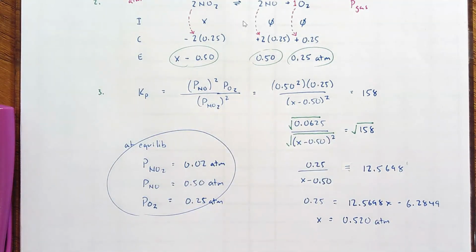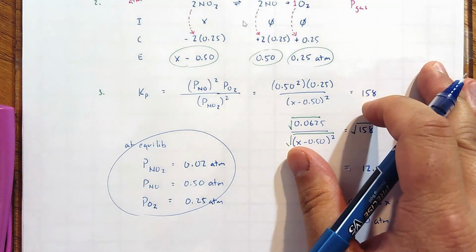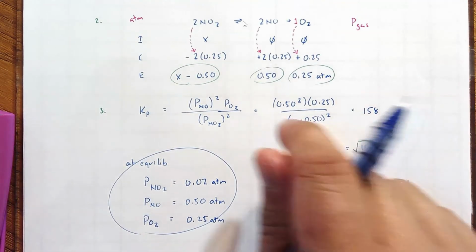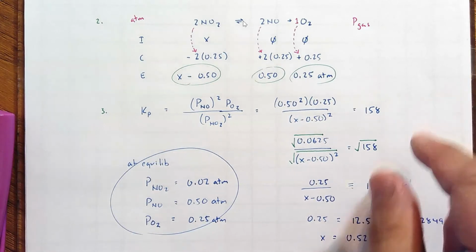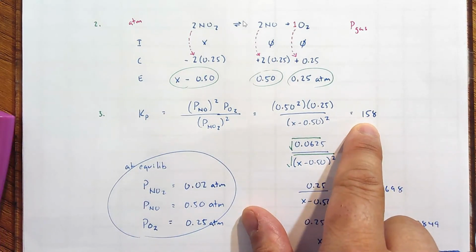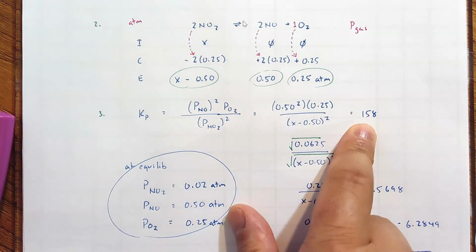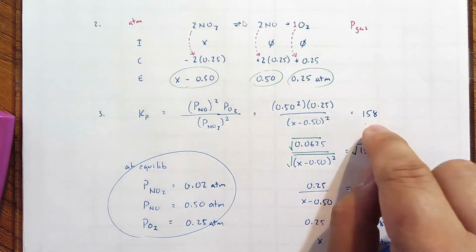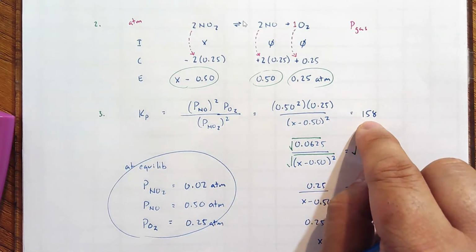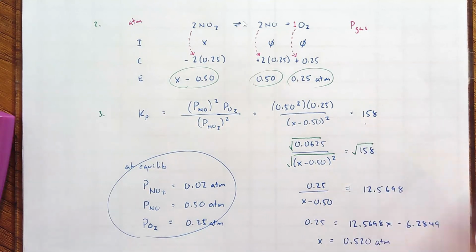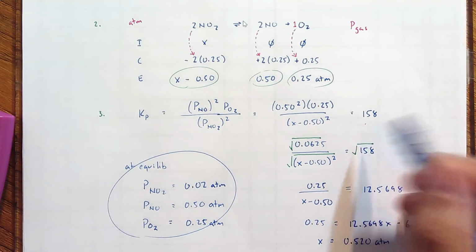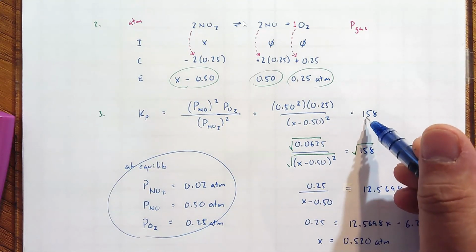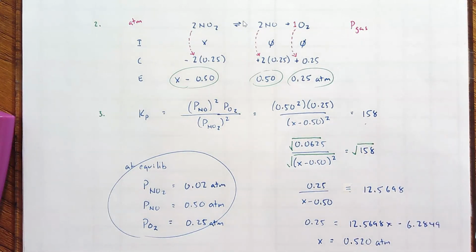Is that all I want to say about this? We don't have a lot of the starting material, the reactant, because K is greater than 1, it's 1.5 times 10 to the 2.